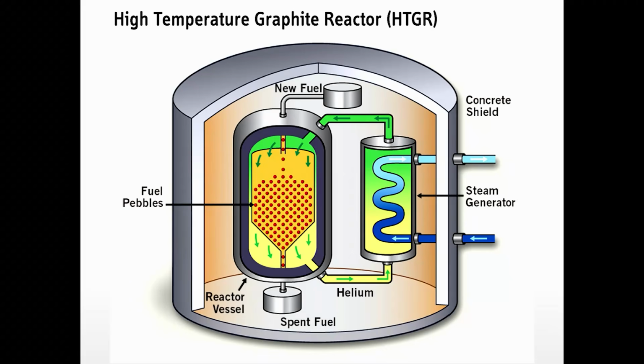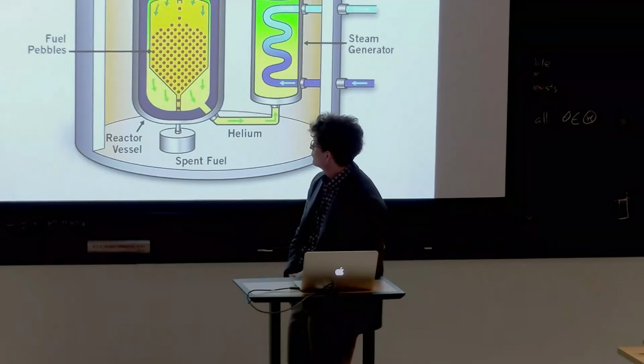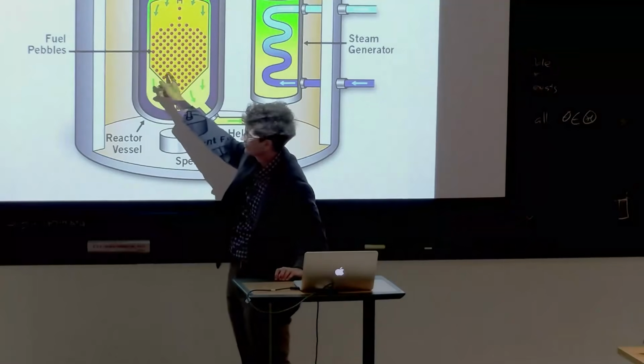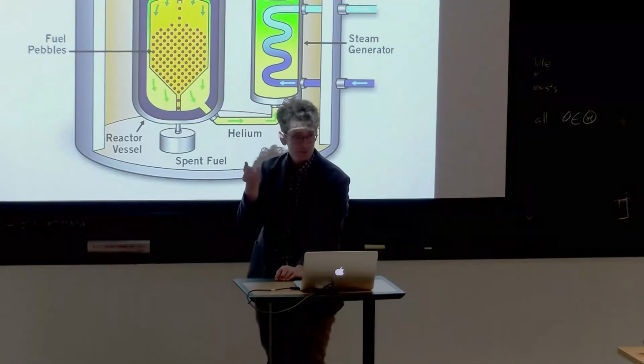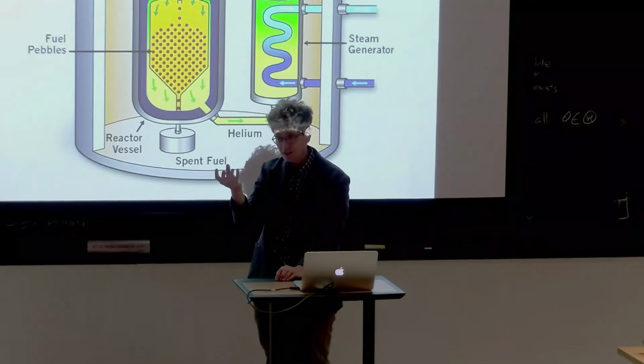So this is called a high temperature graphite reactor, HTGR. This concept, you have here these fuel pebbles, which have like little grains of uranium sand in them, coated with graphite.